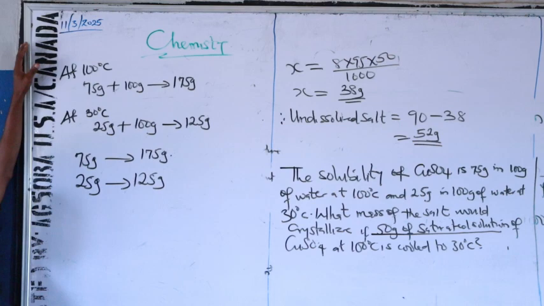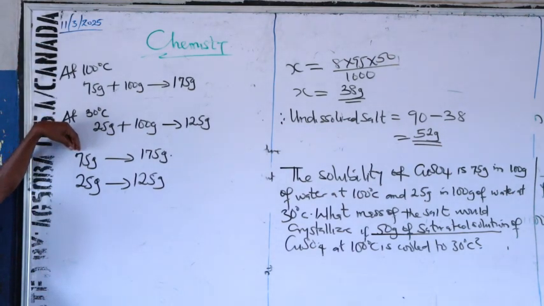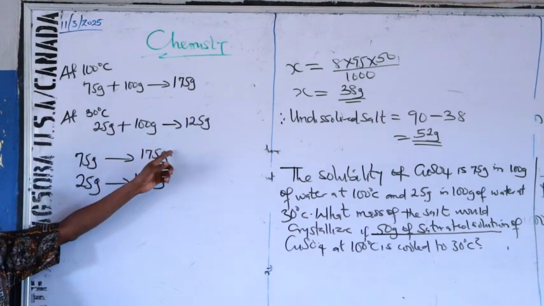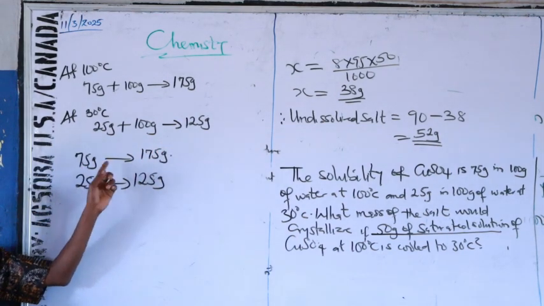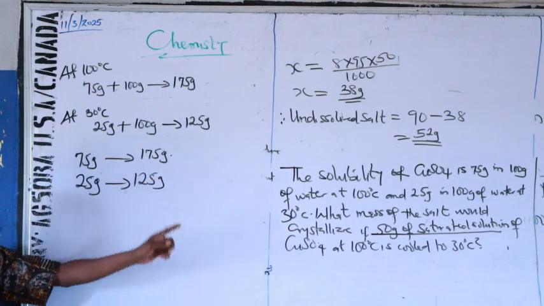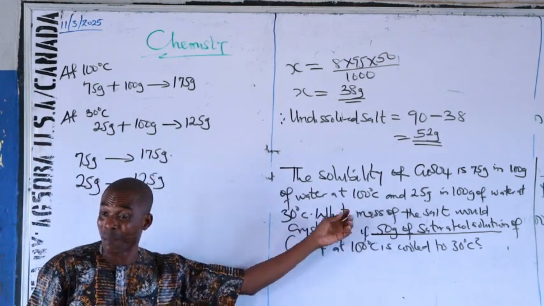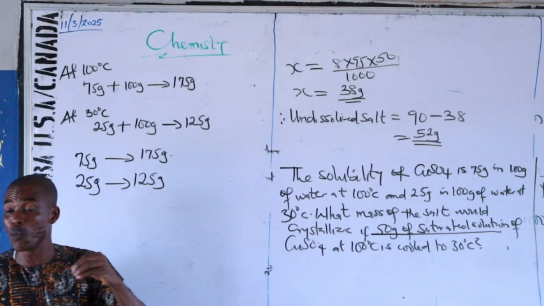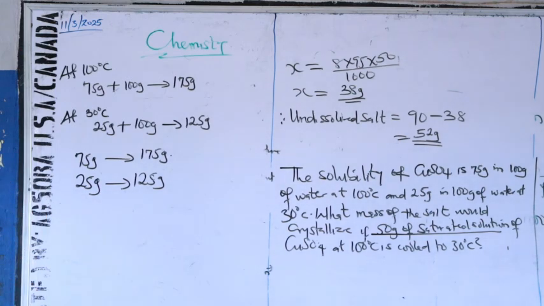If at 100 degrees centigrade, we have 75 grams of the solute in 175 grams of the solution, how many grams of solute will be present in 50 grams of the solution? Because we want to look at the mass that will crystallize if we make use of 50 grams of the solution.